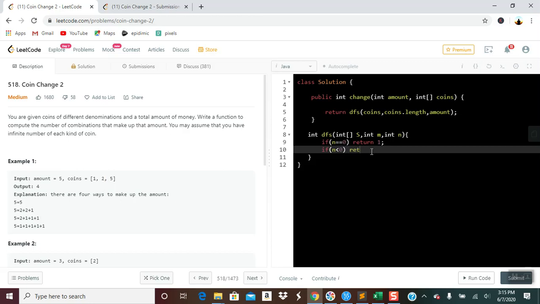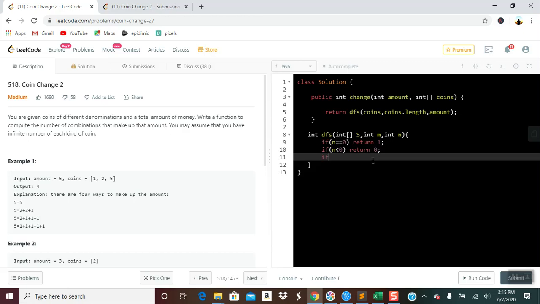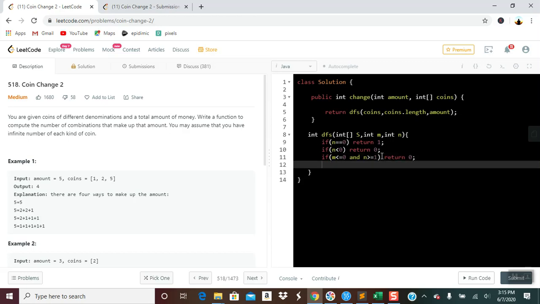If it is less than 0, then return 0, and don't calculate that. And as the boundary condition, if m is less than or equal to 0 and n is equal to 1, then also return 0, because we cannot go beyond 0.